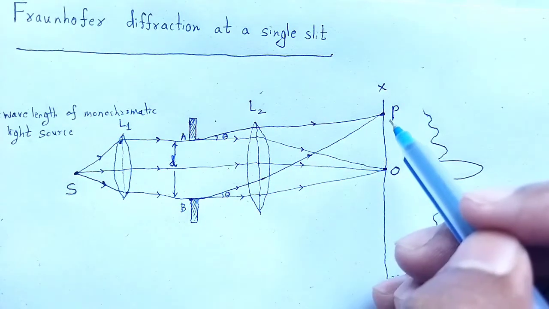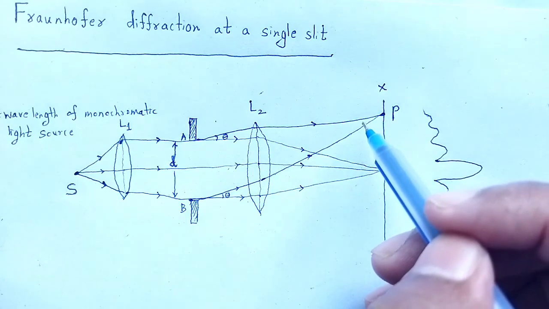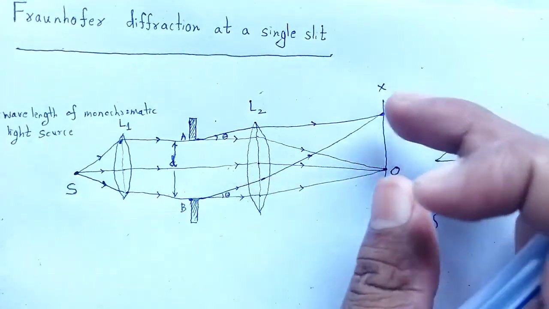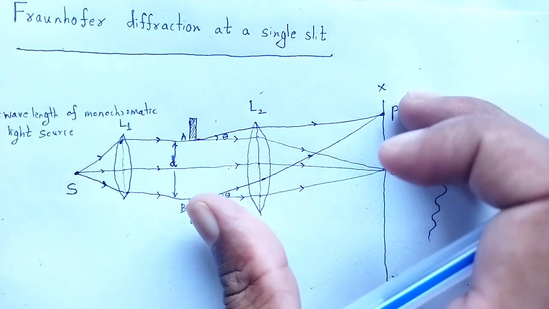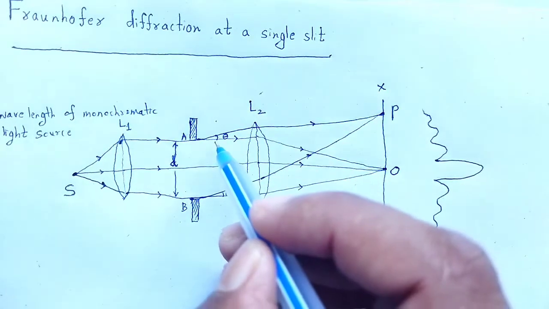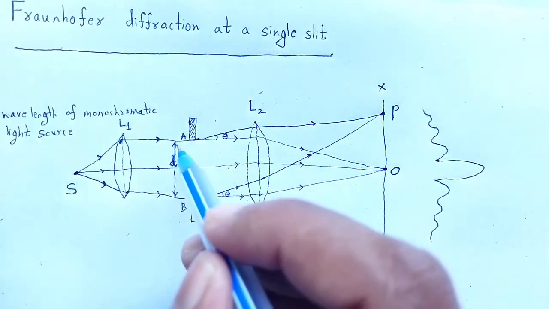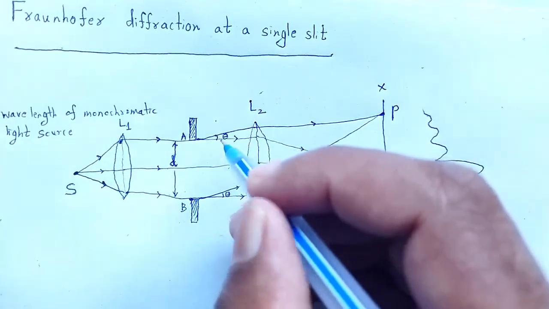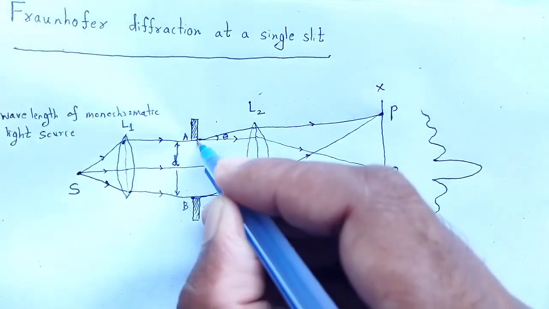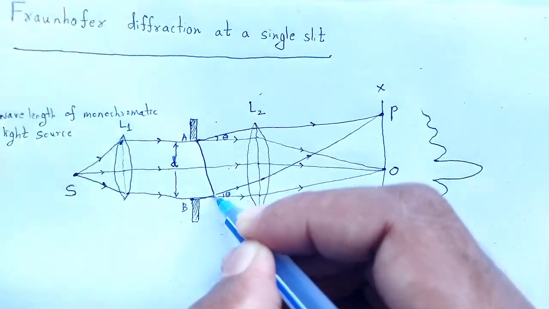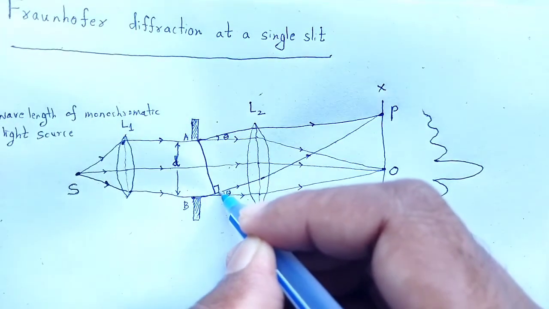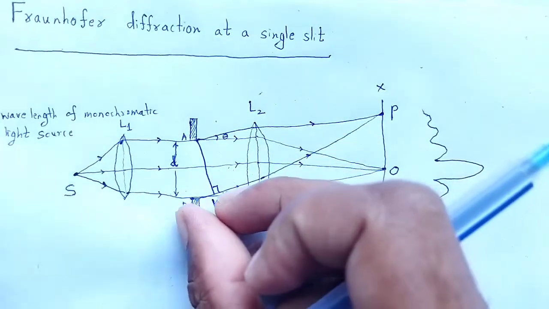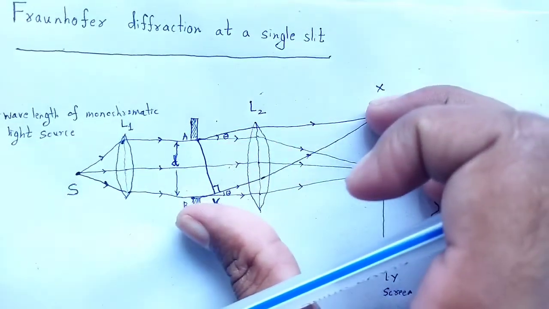Now, what will be the diffraction pattern? Let us calculate the path difference between these two rays diffracted at an angle theta from the two points A and B. Let me draw a perpendicular from point A to the ray BP, that is K. So, BK is the path difference between these two rays.